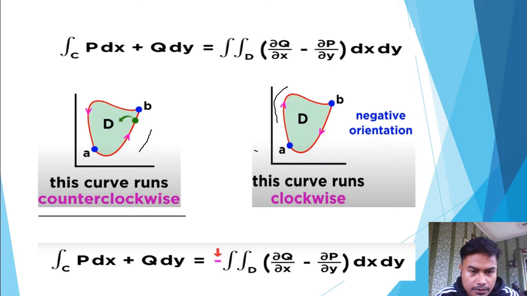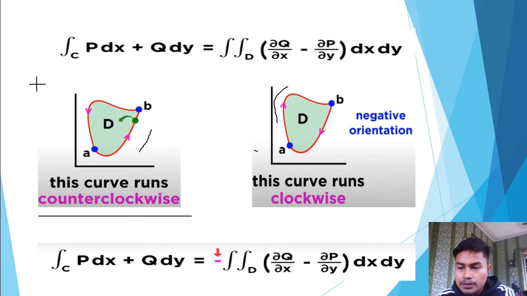This is a curve that runs counterclockwise. Another way to think of it is, if you walk along the path in the direction of the arrow, the enclosed region will always be on your left. This is referred to as a positive orientation. This curve has positive orientation.